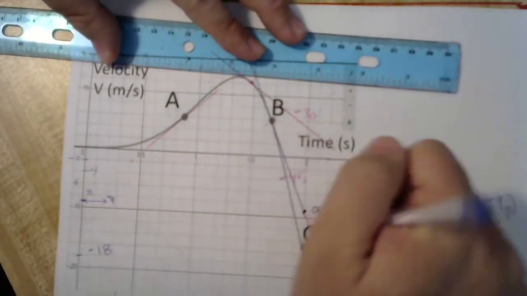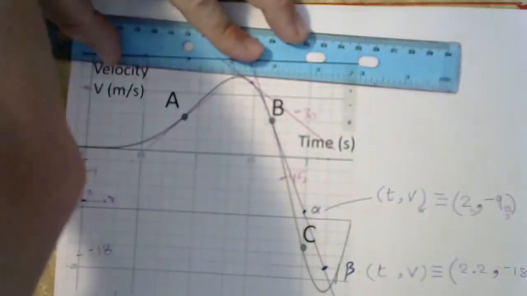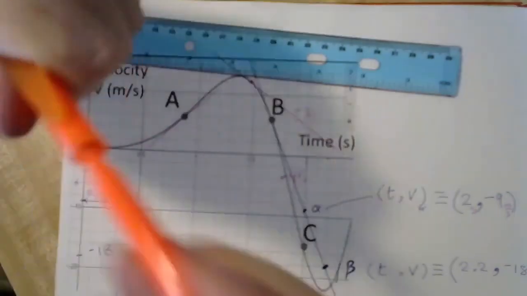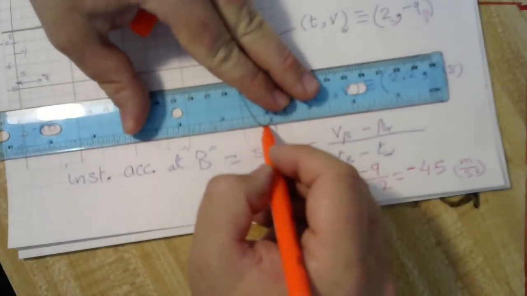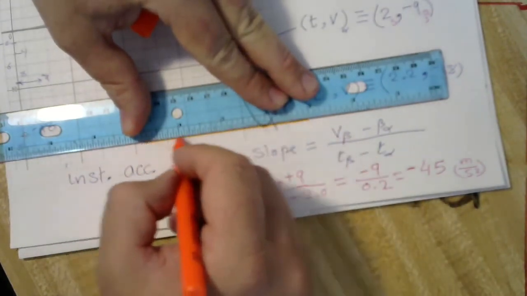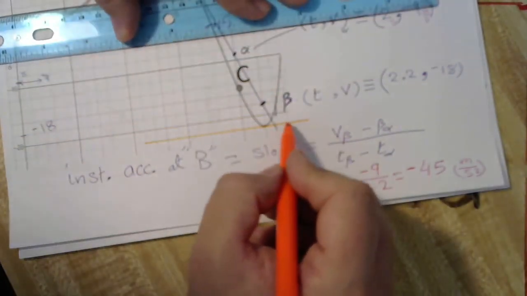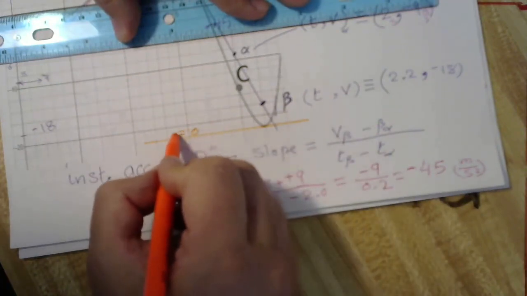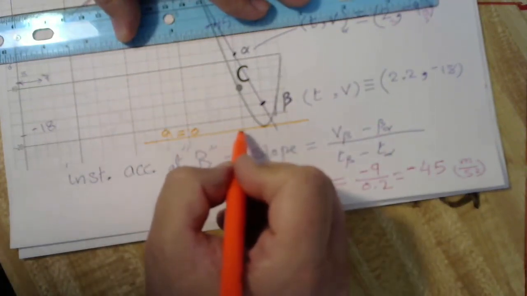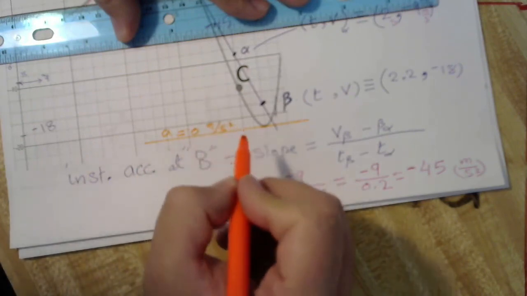Maybe this one. Look here. Or this point here. The tangential line here is horizontal. Slope is 0. The acceleration is 0 meters per squared second.